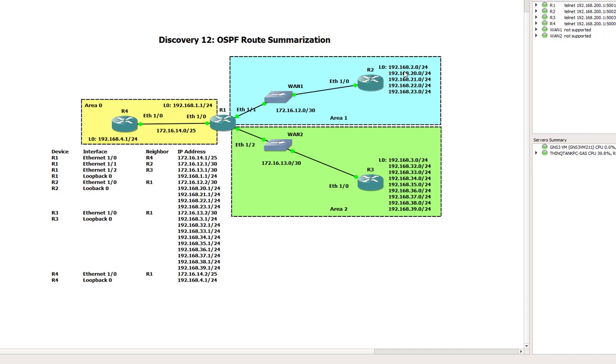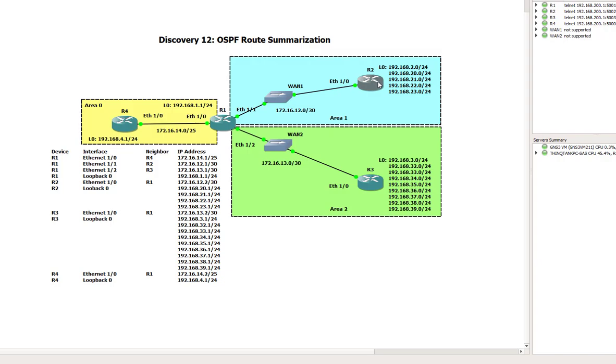Now, keep in mind, these 4 routes are being advertised over to router 1 with a metric. We've got a cost of 1 for the loopbacks themselves plus a cost of 10, so they're coming over with a cost of 11. That's going to be a bit of a challenge because I just realized I'm not really going to be able to change the cost of that loopback to anything less than 1.